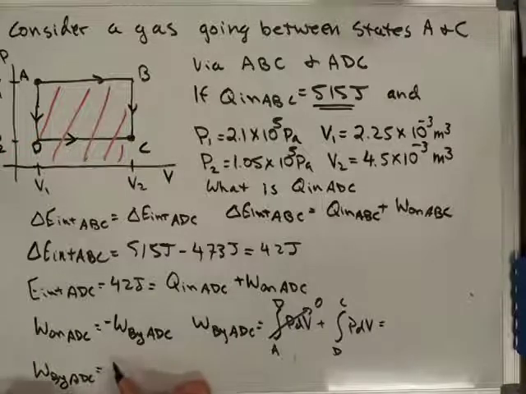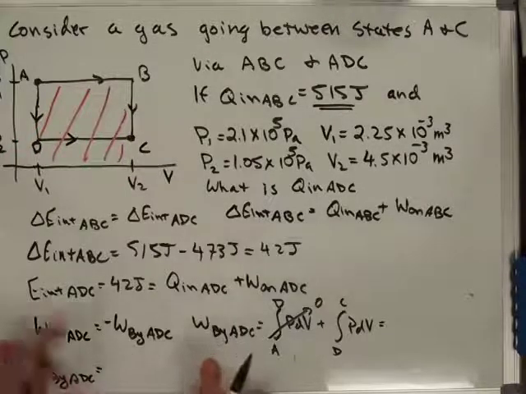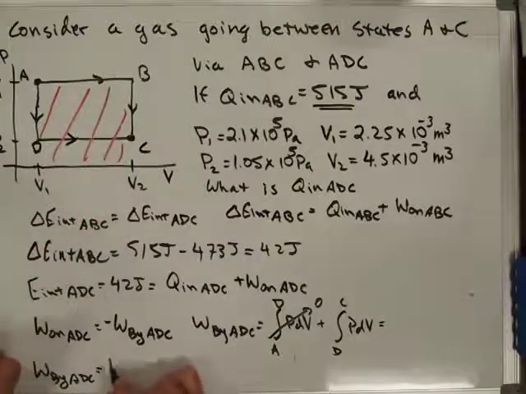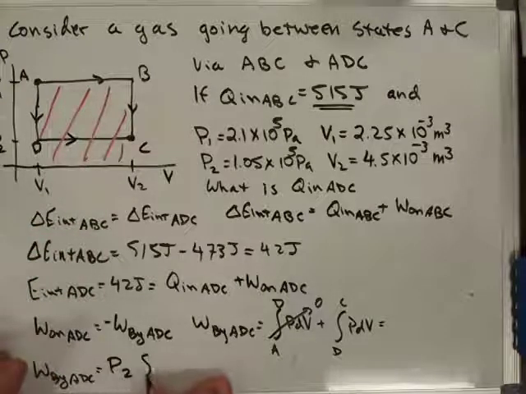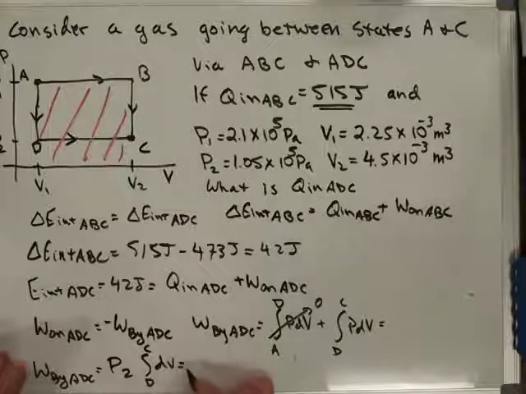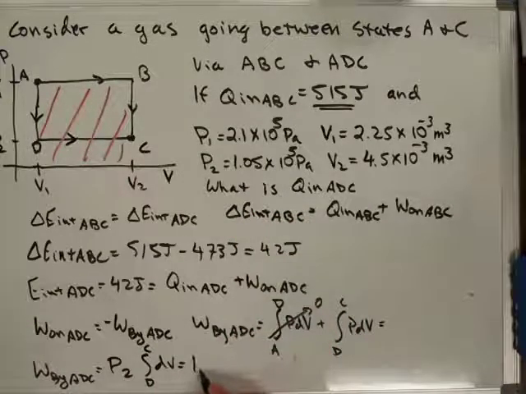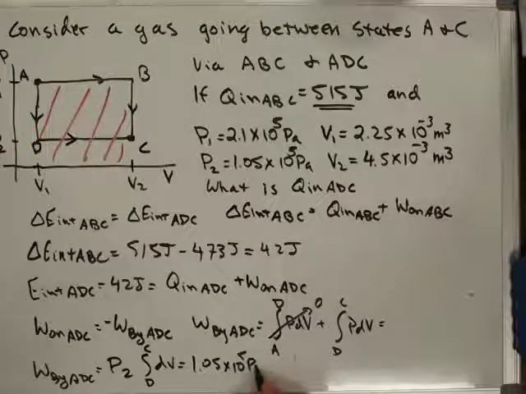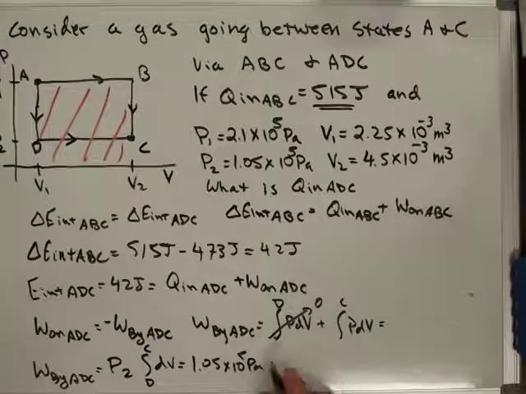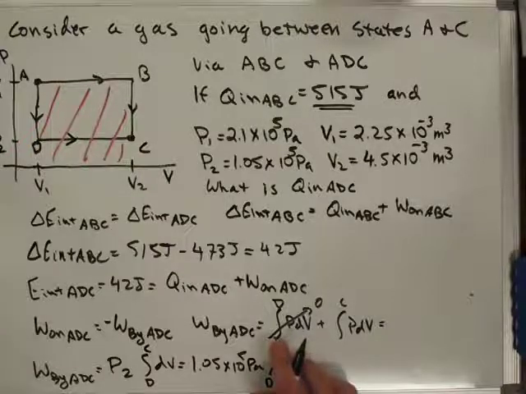And so the work by ADC is equal to, once again I've got a constant pressure, so it's just P2 times the integral from D to C of dV, and that's equal to P2, which is 1.05 times 10 to the 5th pascals, times the volume change from D to C. Well, I'll just evaluate that.